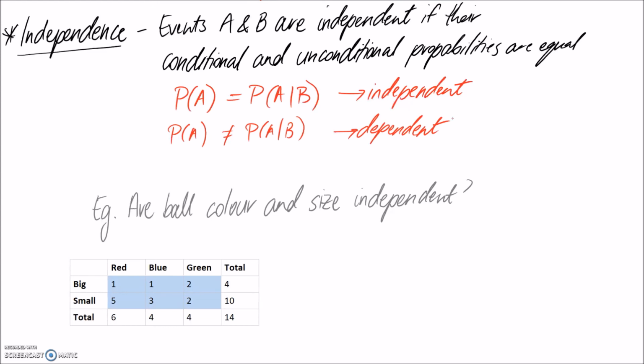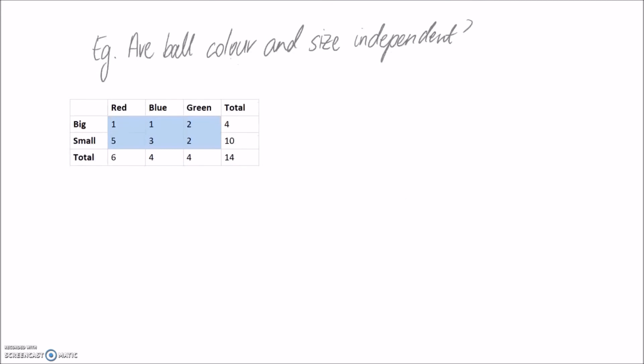So we're going to do an example where we ask whether ball color and size are independent. What we're going to do is pick out one example of an event. I'm going to look at the probability of a ball being small, and whether that's conditional on the different color that we have within the bag.